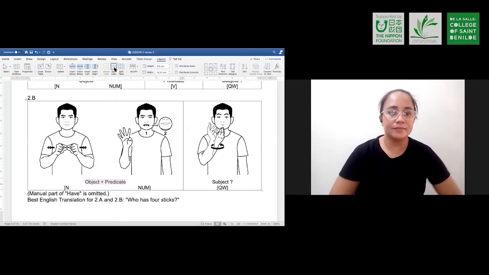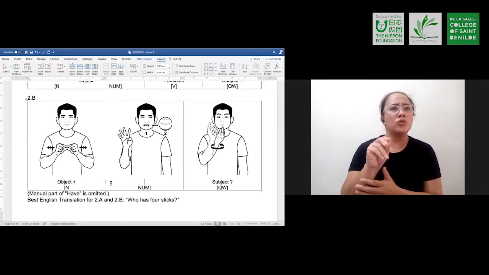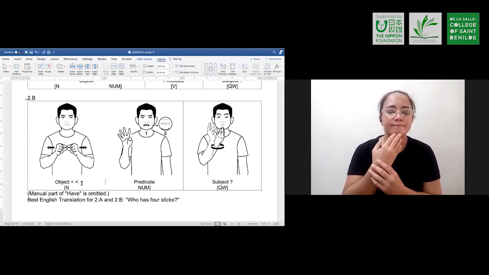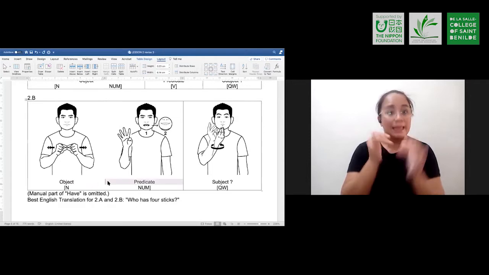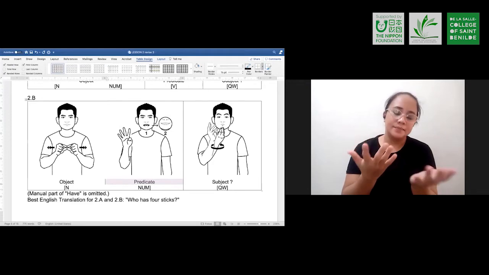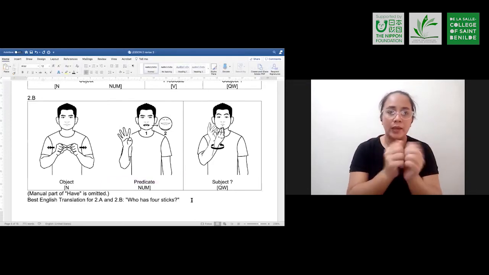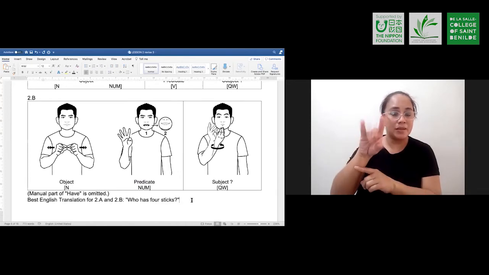So basically, sir, the noun and num are aligned with object and predicate in the center. Like that. Okay. Put it together. So object plus predicate, put it together like you see.